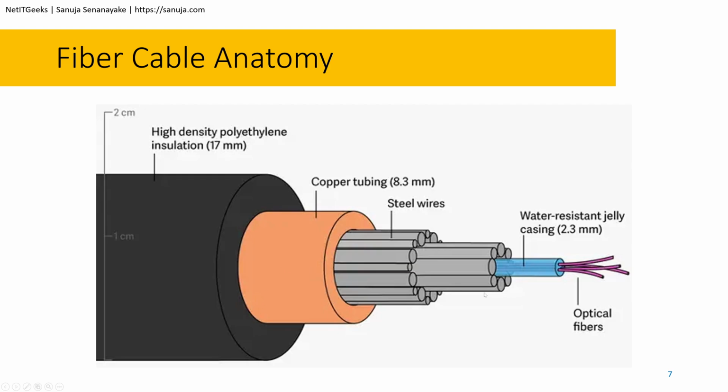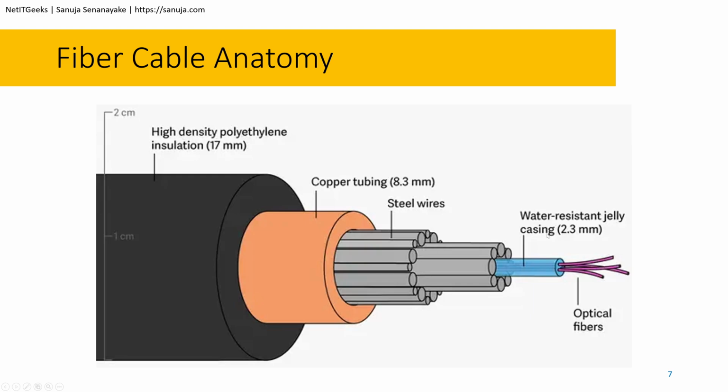Again, in this situation, the actual data communication part where the packet is going to get switched in this direct burial cable is these tiny optical fibers, and everything else of this particular cable, the thickness that goes all the way to about 1.5 centimeters, is basically the protection for these fibers.